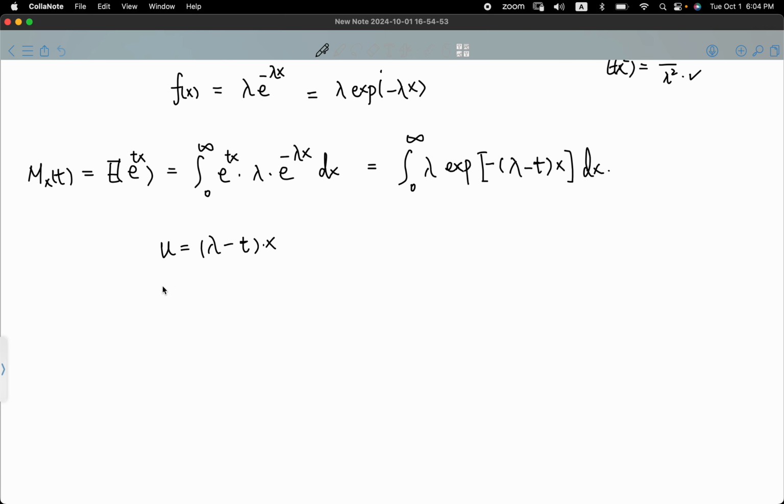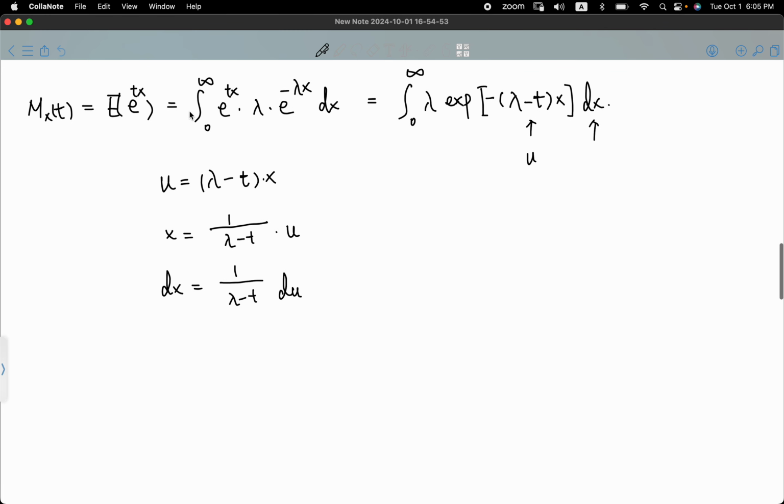Then we can rewrite x as 1 over lambda minus t multiplied by u, so that dx is equal to 1 over lambda minus t multiplied by du. Okay, so now we have all the necessary components. We're going to replace this with u, and this dx with the term involving du. Okay, so now let's plug in the corresponding terms here.